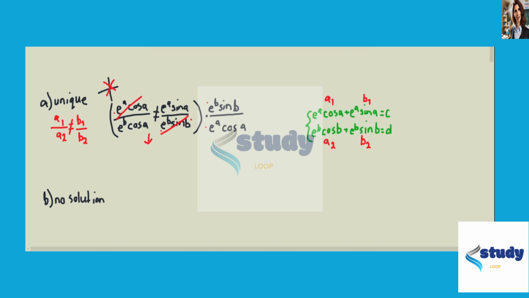So we will obtain e to the power of b multiplied by sine of b over e to the power of b multiplied by the cosine of b, and excuse me, this is a b right here, is not equal to e to the power of a multiplied by sine of a divided by e to the power of a multiplied by cosine of a.